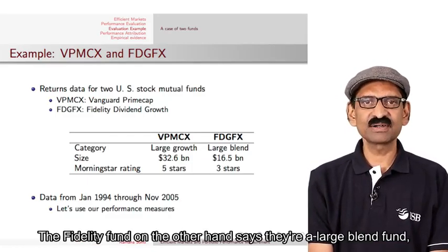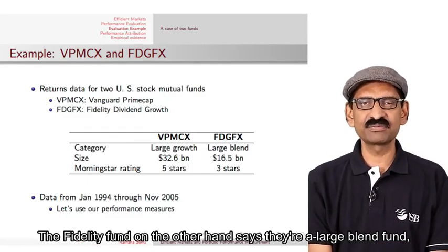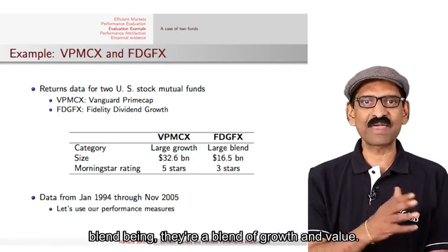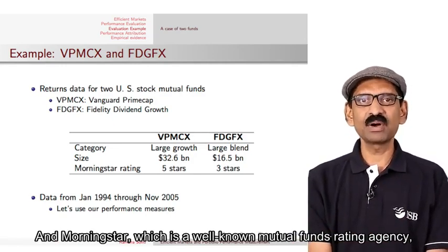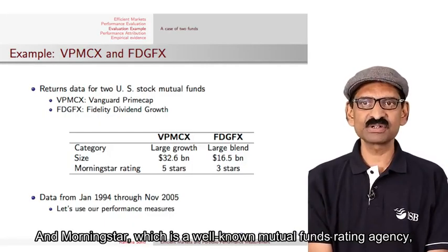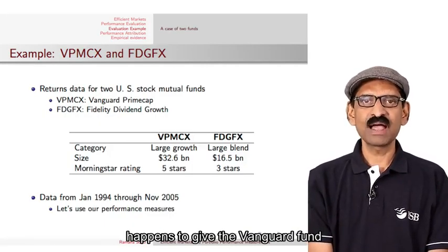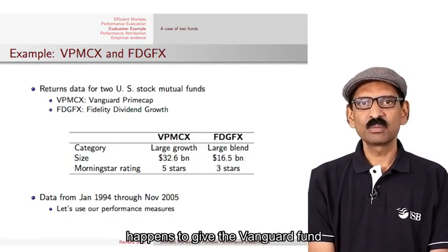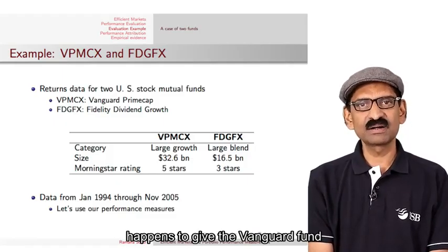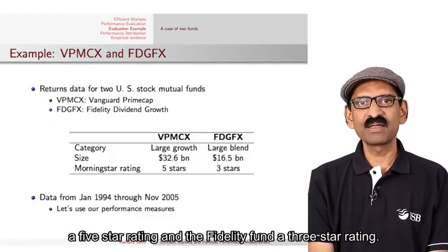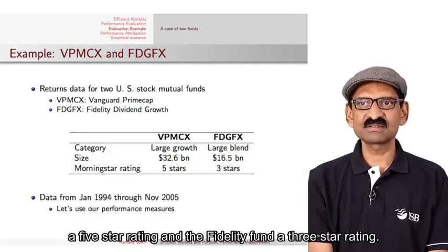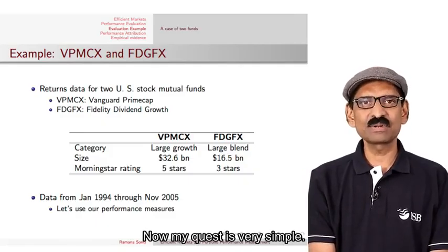The Fidelity fund, on the other hand, says they're a large blend fund, blend being a blend of growth and value. And Morningstar, which is a well-known mutual fund rating agency, happens to give the Vanguard fund a 5-star rating and the Fidelity fund a 3-star rating. Now, my quest is very simple.